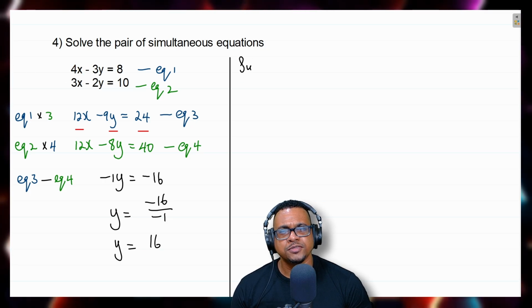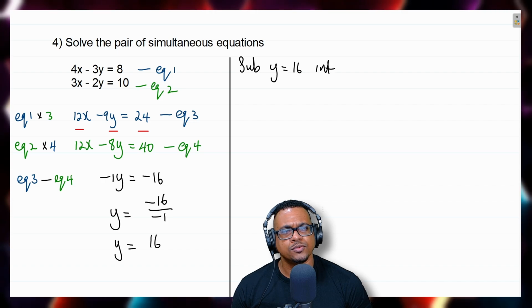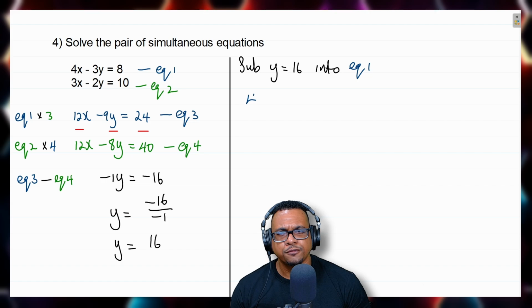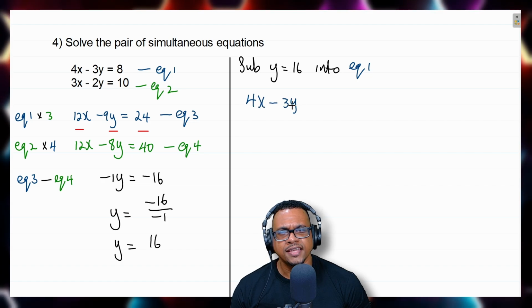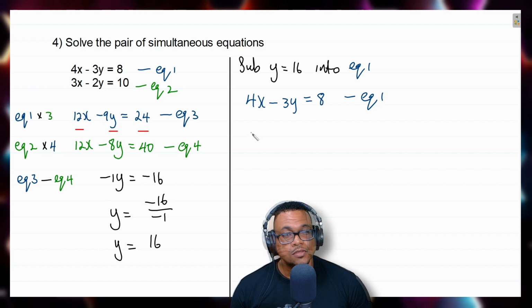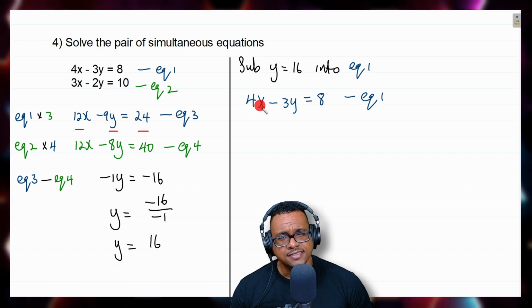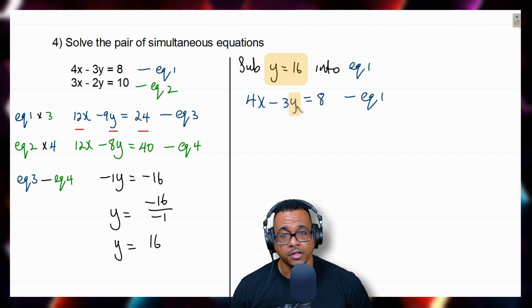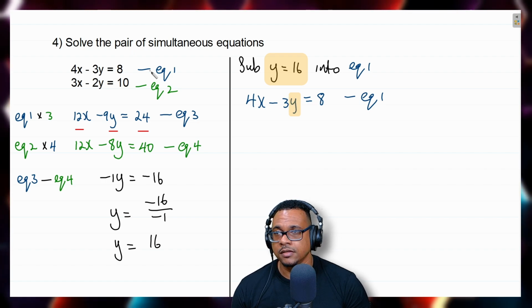So I'm going to substitute y is equal to 16 into equation 1. Equation 1 reads 4x take away 3y is equal to 8. So this would be 4 multiplied by x take away 3 multiplied by y is equal to 8. And y is 16.